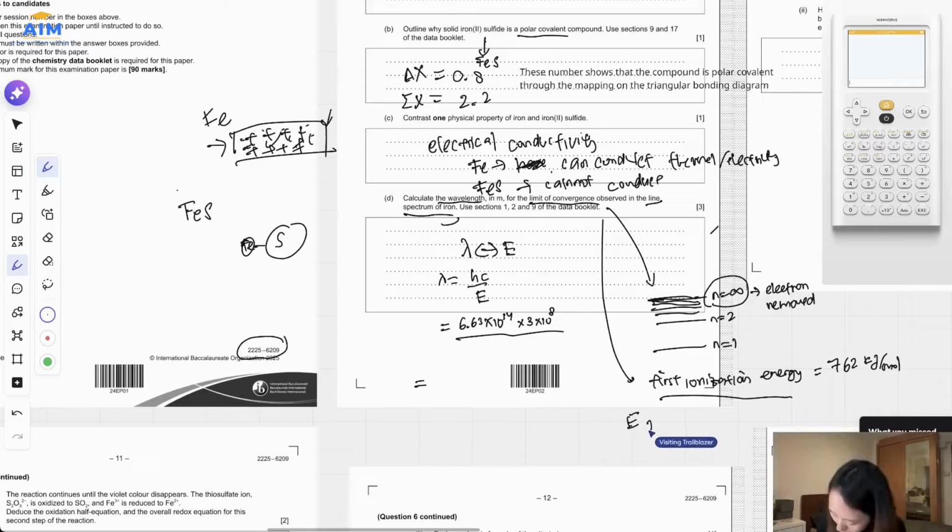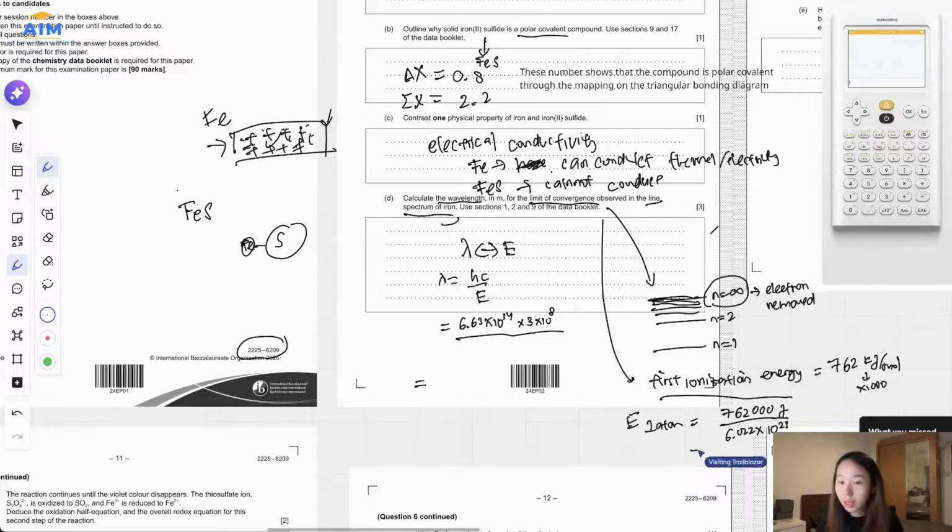So we take 762 kilojoule and convert to joule, times 1000, then divide by the Avogadro constant, which is 6.022 times 10 to the power of 23.